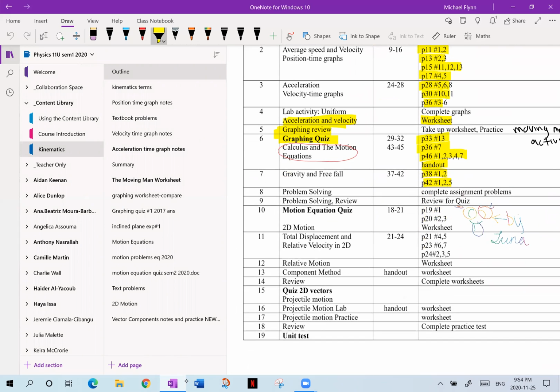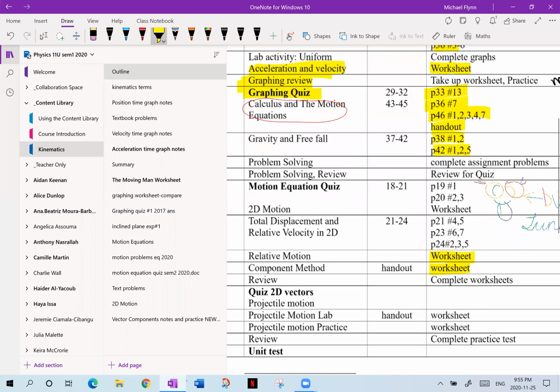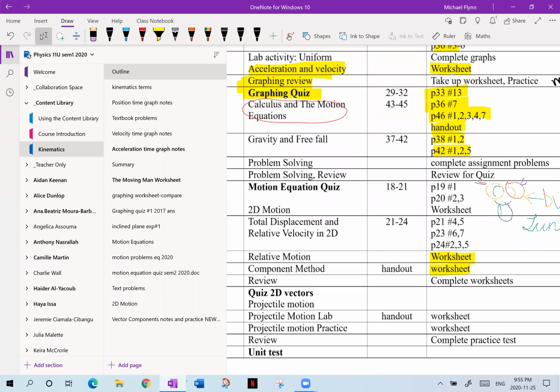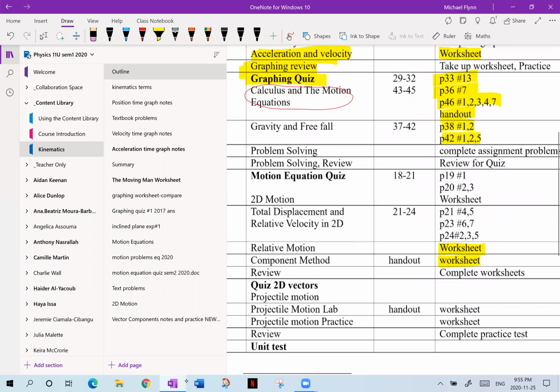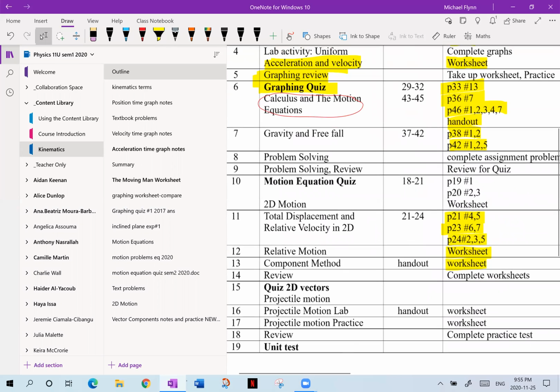So component method, you'll notice here in the homework, there are just worksheets that go with it. I'm going to ask you, please, to not do these questions just yet, these ones here. Save it for after the next lesson.